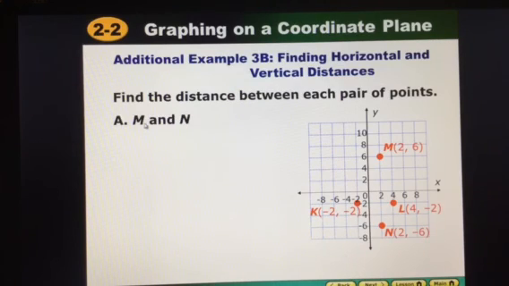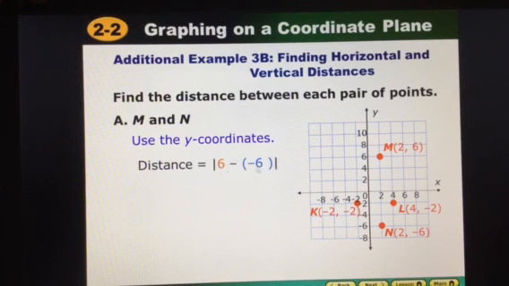And the last one here, M and N, the distance between those 2 points, we're going vertically. So we could count 2, 4, 6, 8, 10, 12. But we could also take the y-coordinate, since we're moving vertically, and subtract 6 minus negative 6 and take the absolute value, or negative 6 minus 6 and take the absolute value.